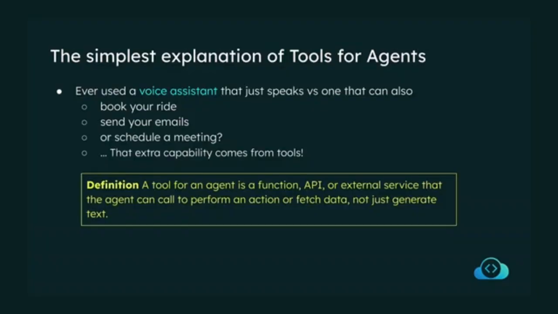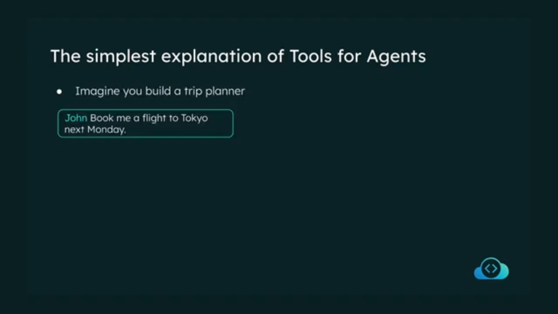So a tool for an agent is a function, API, or external service that the agent can call to perform an action or fetch data, not just to generate text. So imagine you're building a trip planner, or we're just expanding the horizons for our travel bot that we have been building since section 2.